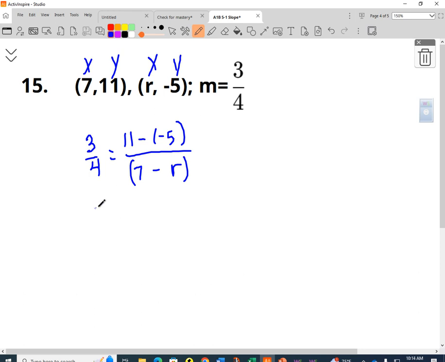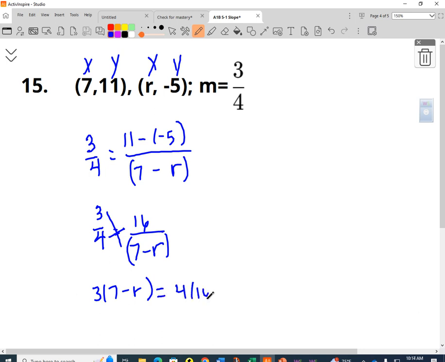So now this is 3/4 equals 16 over 7 minus r. And now this is where we cross multiply. So 3 times 7 minus r equals 4 times 16. So 21 minus 3r equals 64.